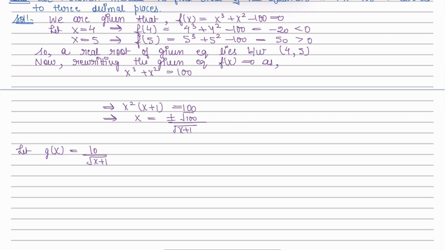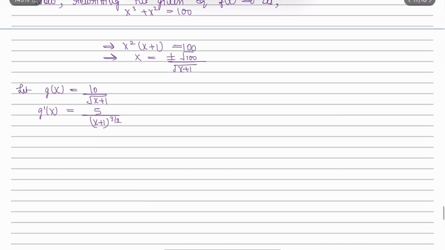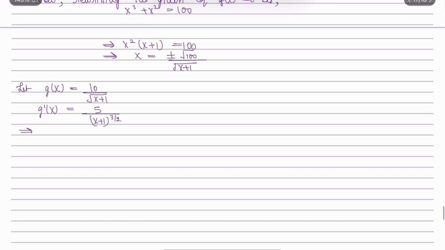To check if this function will help the fixed point iteration method to converge or not, we have to find its derivative with respect to x, which becomes 5 upon x plus 1 to the power 3 by 2. Taking mod both sides, this becomes 5 upon x plus 1 to the power 3 by 2 mod.